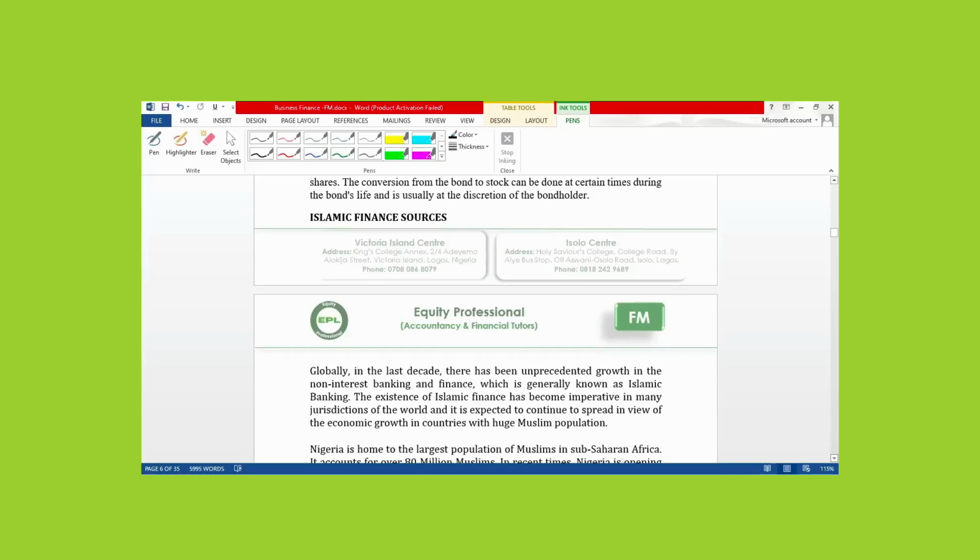You approach an Islamic bank to obtain a loan, and the bank is not expected to charge you interest.